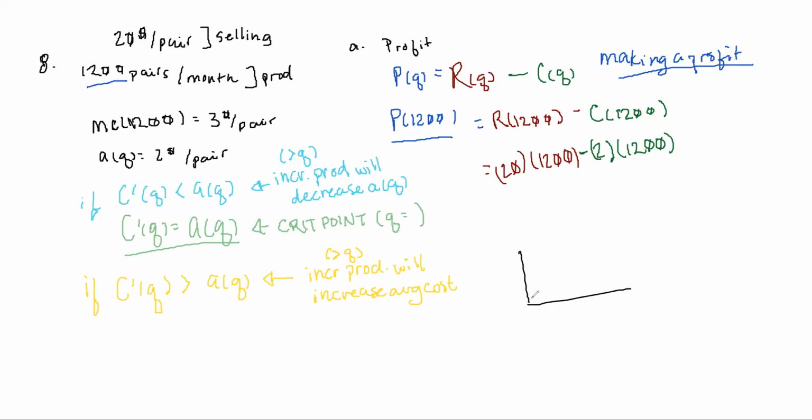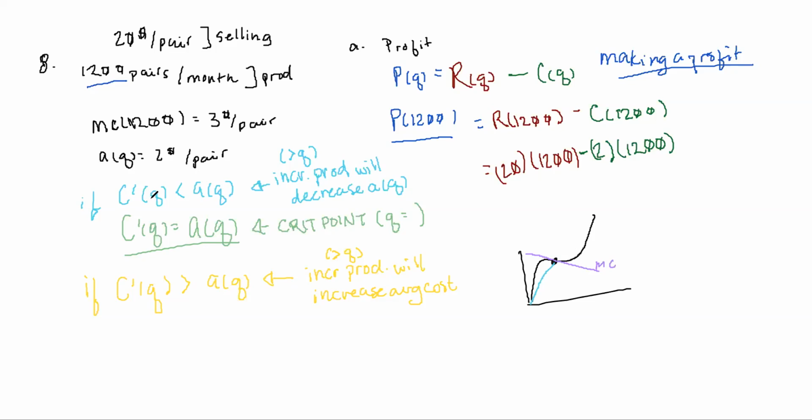So I'm trying to think of a function that will give us a good visual here. I'm thinking about just going back to something that looks a little bit like this. Here is our marginal cost, right? Something that looks like that. And then our average cost is going to be something that looks like this.